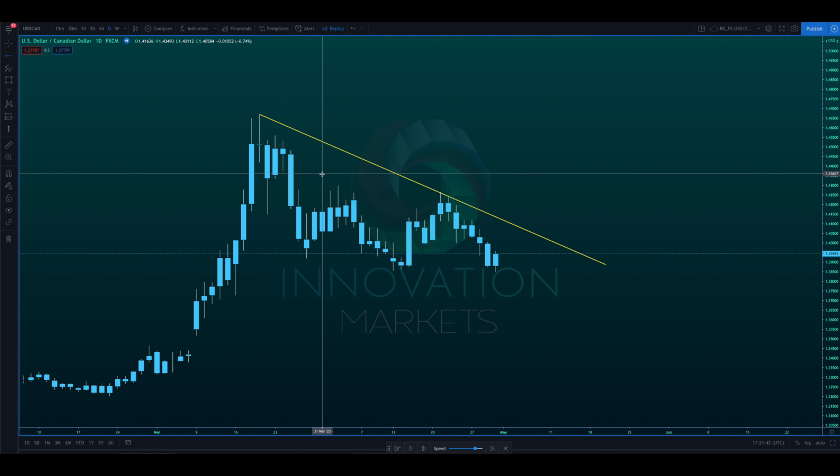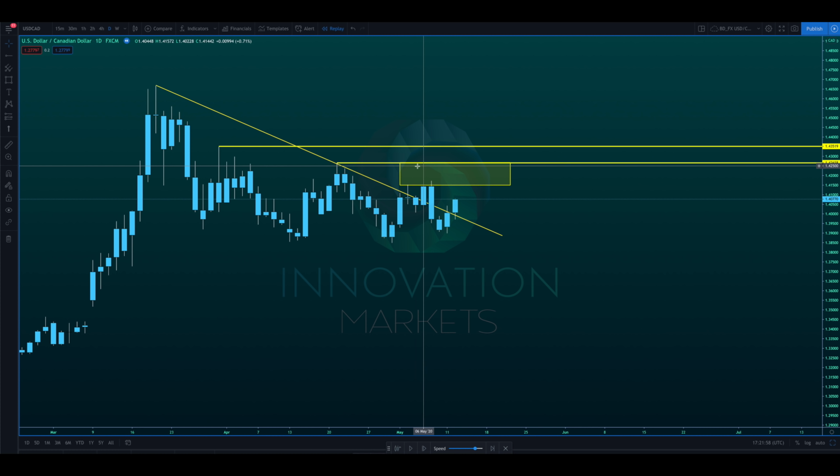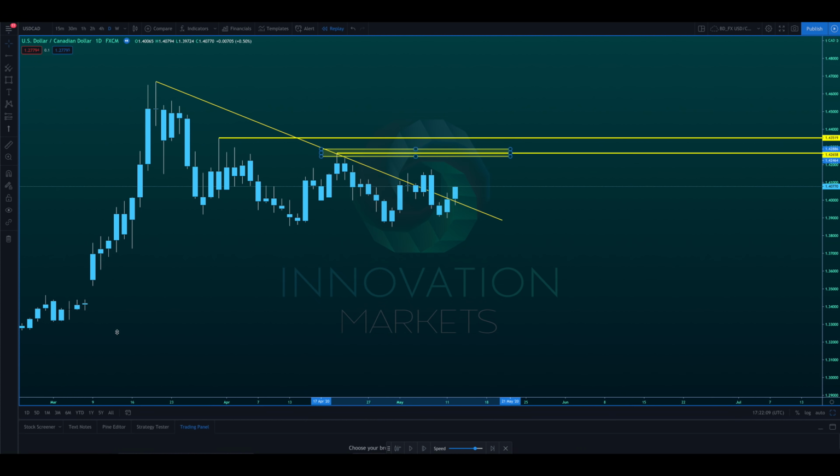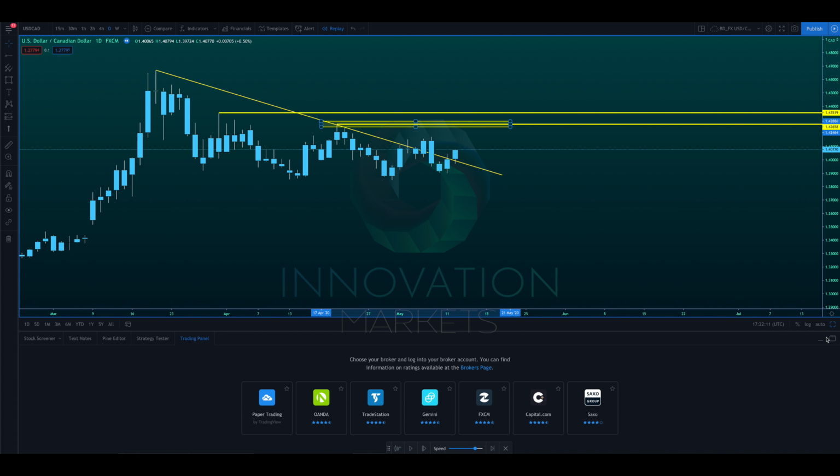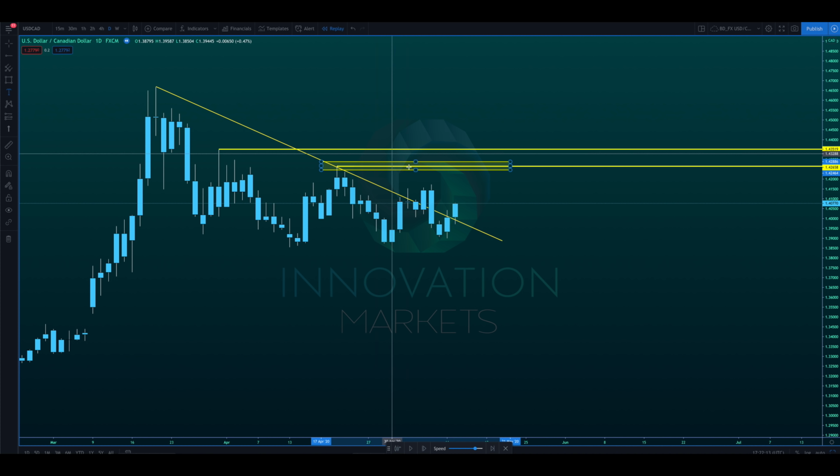As I mentioned, price has all this room to move up to this last lower high here before it drops off. But it has to break this level here in order to invalidate this trend. So while it's still trading under this lower high, it's still in a downtrend.